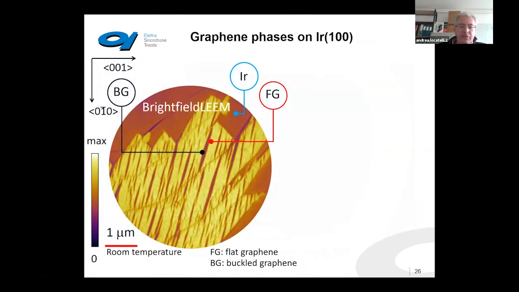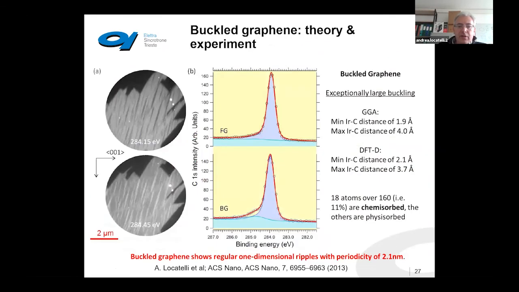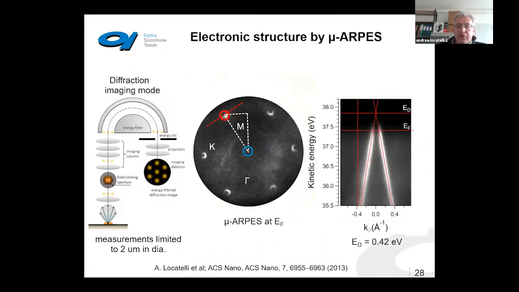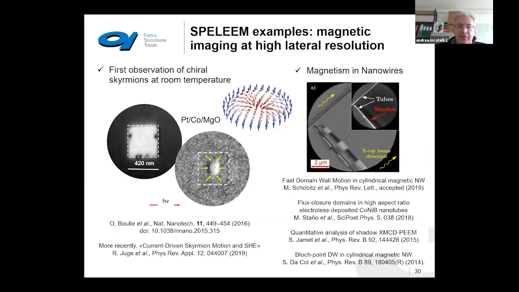I feel that my time is really off, and I want to give you just one example of this technique. PEEM is very often used in magnetic imaging experiments. So these experiments are performed basically exploiting X-ray absorption spectroscopy and combining it with X-ray magnetic circular dichroism.